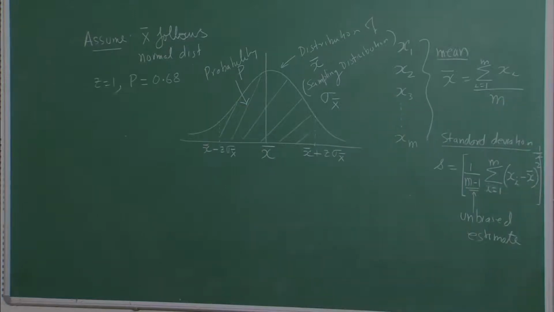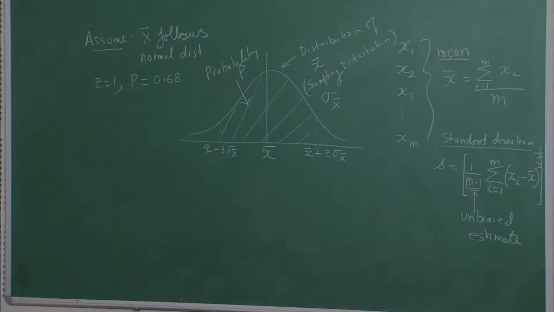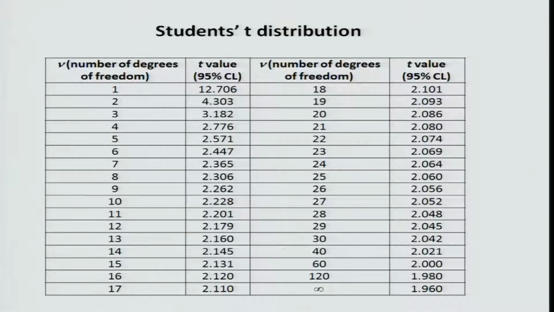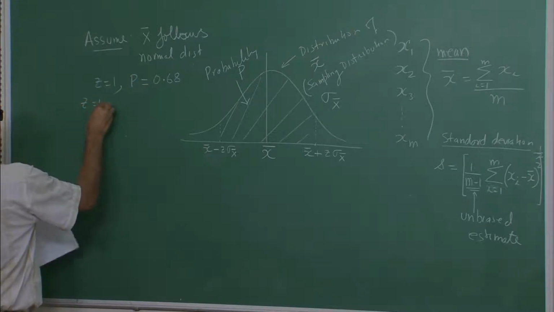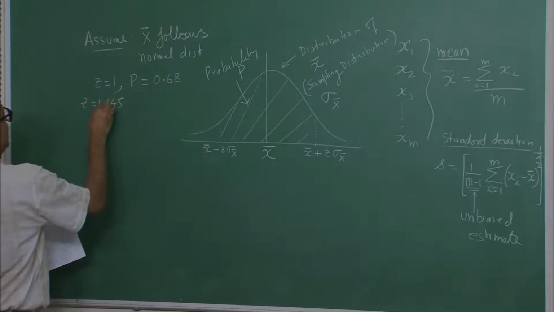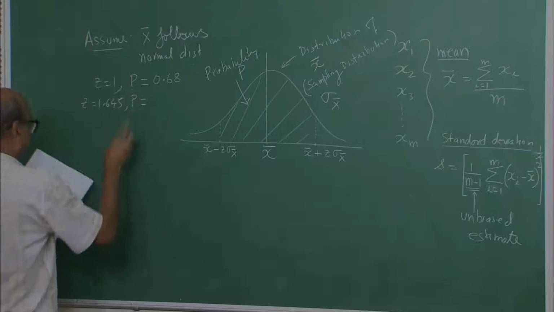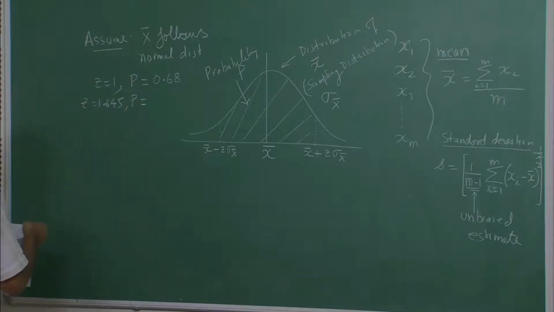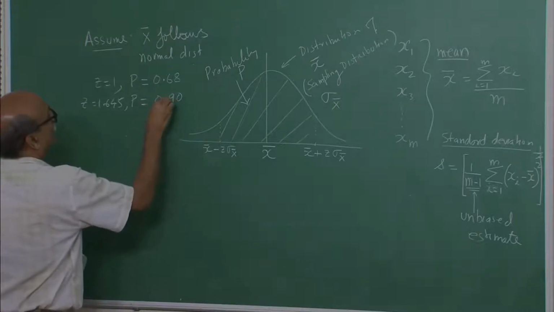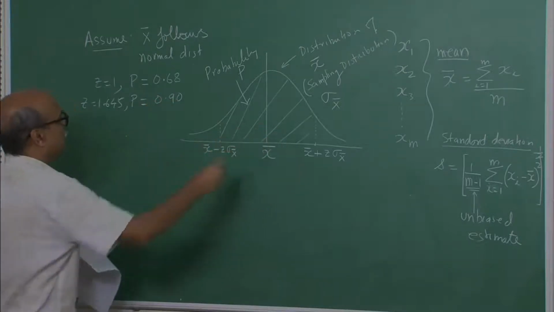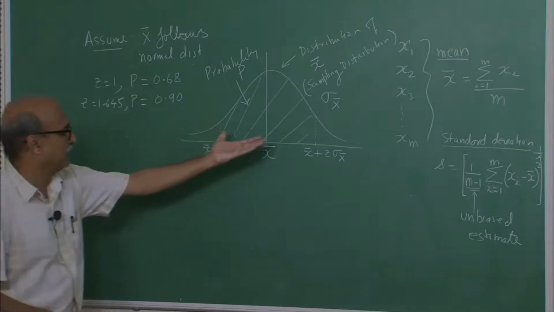Now, I can take up some other z values. For example, if I take z equals 1.645, then p is equal to 0.90, or 90% probability that the value will lie in this range.